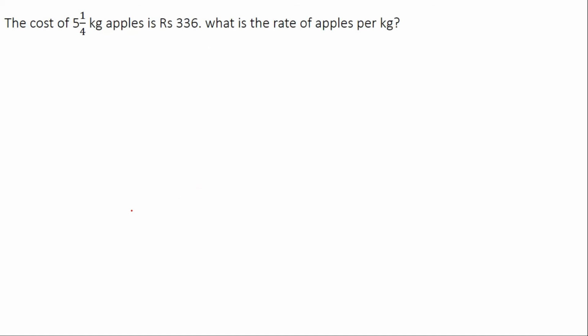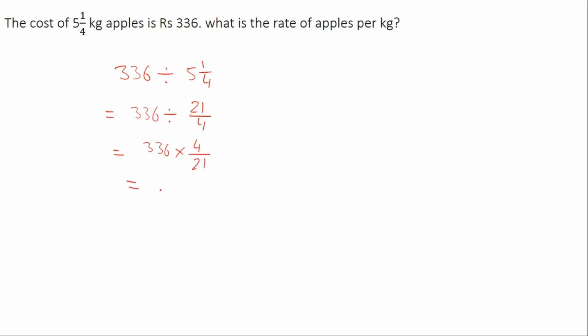The cost of 5 whole 1 by 4 kg apples is rupees 336. So what is the rate of apples per kg? So what we will do, we will write 336 divided by 5 whole 1 by 4, or we can write 336 divided by 21 by 4, or 336 into 4 by 21.